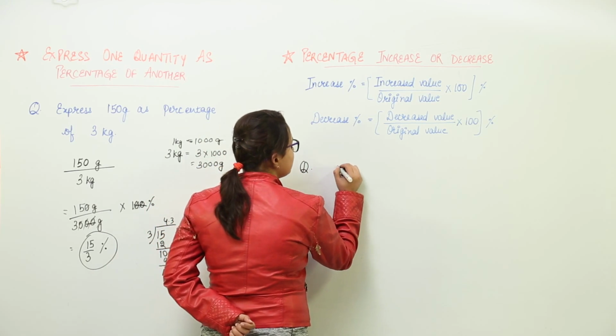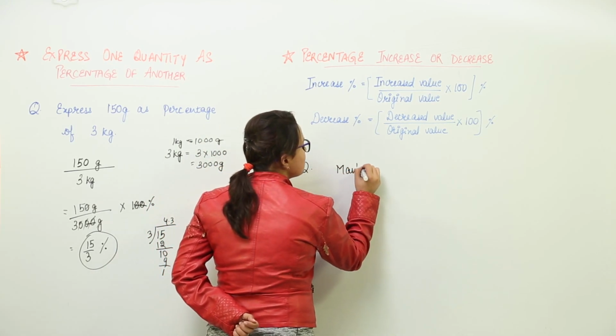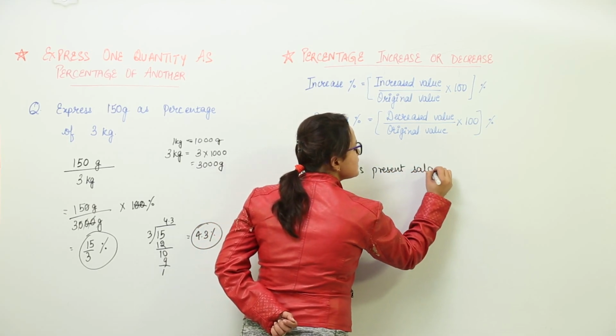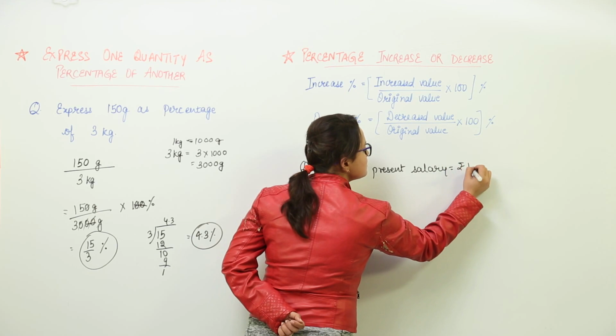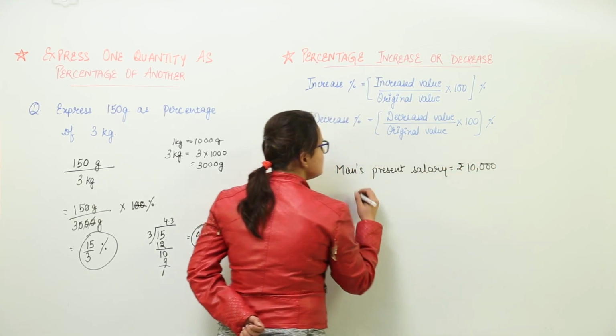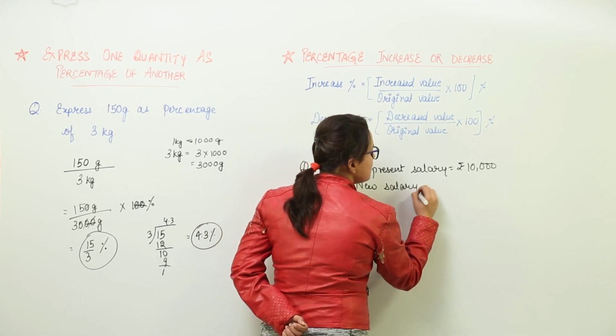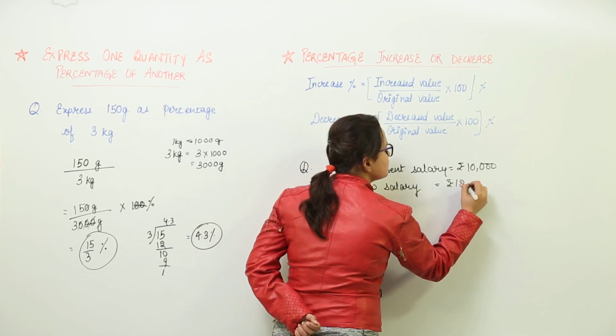A man's present salary is assumed to be rupees 10,000. So I am writing it here. And his new salary, or you can say the increased salary, will be rupees 12,000.